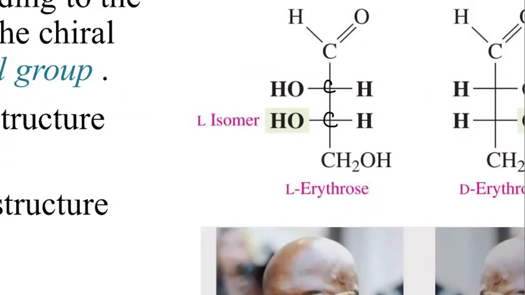It's not 3. Excellent. There's 2 chiral carbons. This carbon, the one in the aldehyde, is not chiral because it only has 3 things attached to it. Remember that a carbon that is chiral needs to have 4 things attached to it.